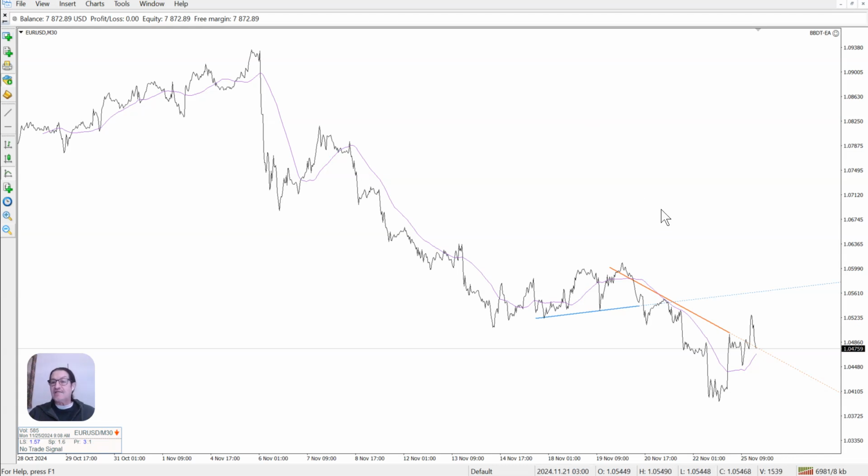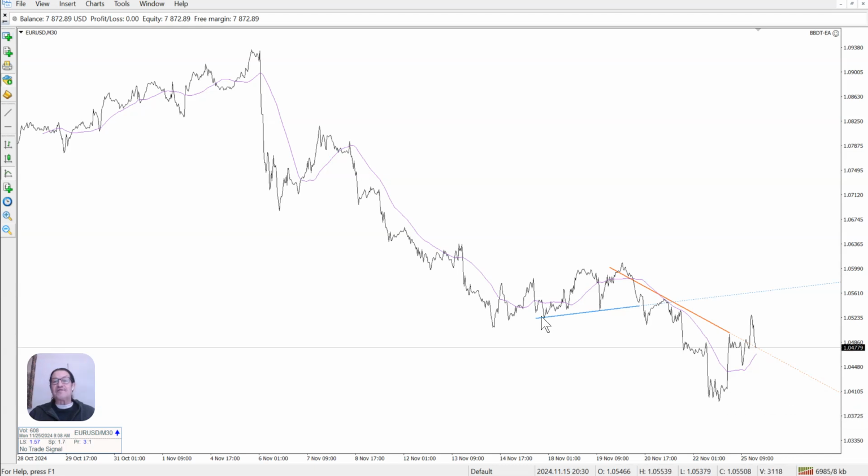Now, to trade this is actually very simple and very straightforward. As you see, this is downtrend, this is uptrend. The solid bar means the downtrend is strong. The dotted bar or line means the downtrend is perhaps fizzling out.